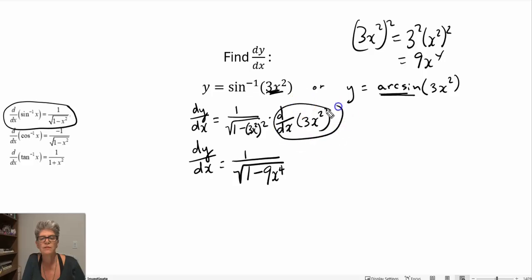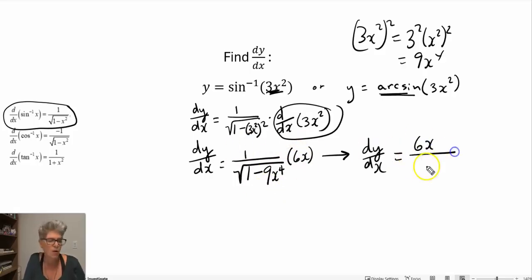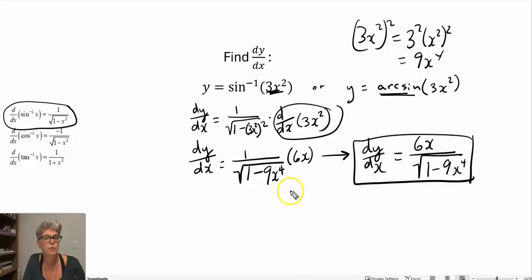And then the derivative of 3x squared is going to be 3 times 2x, which is going to be 6x. And so I'm going to have dy dx, or y prime, it's the same thing, is equal to, then I'll write that as one fraction. I'll get 6x all over the square root of 1 minus 9x to the 4th. So that's the answer for my first one.